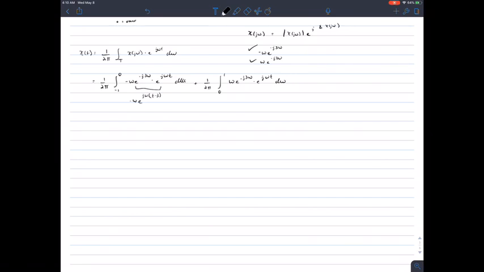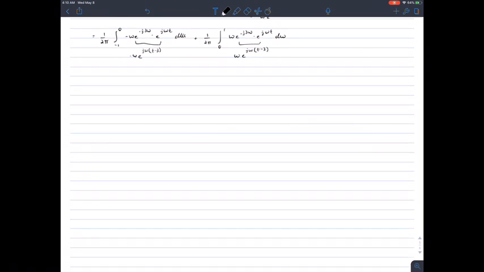And then this is going to equal omega e to the j omega t minus 3. Okay, I don't know why I struggled on that. They're the same.